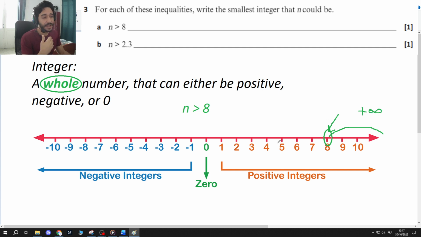Because when we say n is larger than 8, that means 9, 10, 11, 12, 13, 14, 1 billion, 1 trillion, 1 quadrillion, etc. And that's why the question is asking us what the smallest integer that n could be is. And since n cannot be 8, the smallest integer it could be is actually 9. So the answer to A, simply enough, is 9.